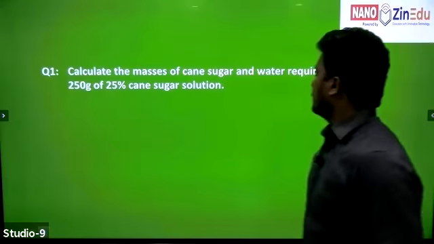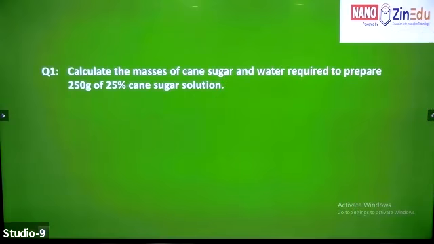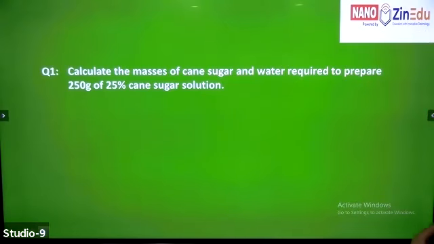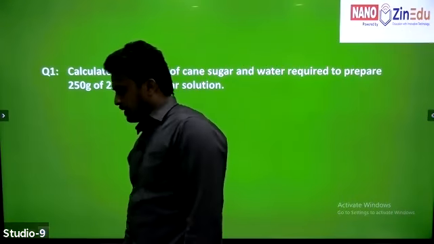Calculate the mass of cane sugar and water required to prepare 250 grams of 25% cane sugar solution.